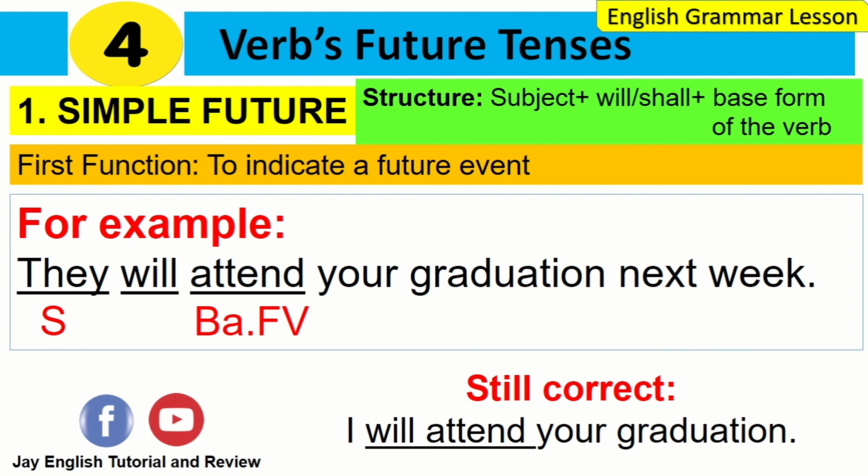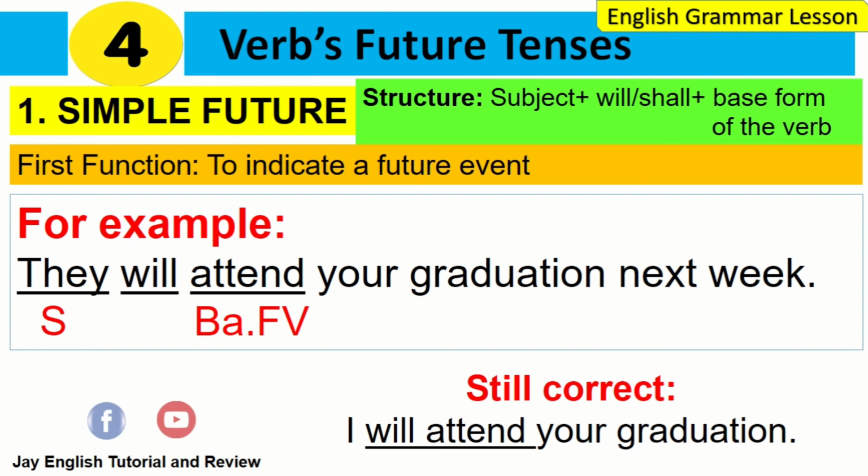So it means that this particular event or action is going to happen in the future, and that will be next week. And it is still correct to say, I will attend your graduation. It's just that the difference between the two is, in the first example, we are more specific on what particular time your graduation is going to happen in the future.